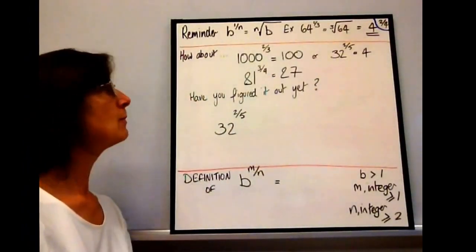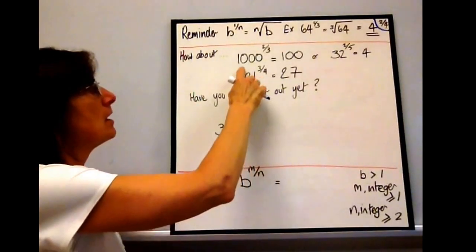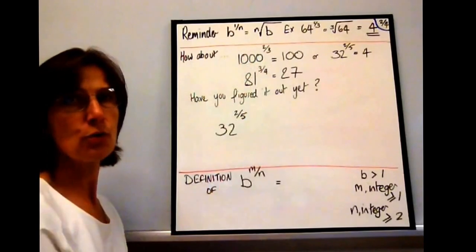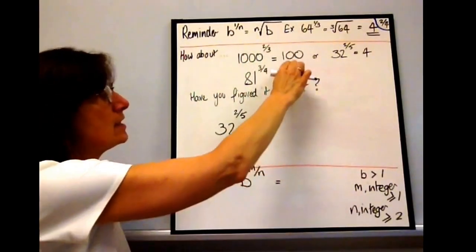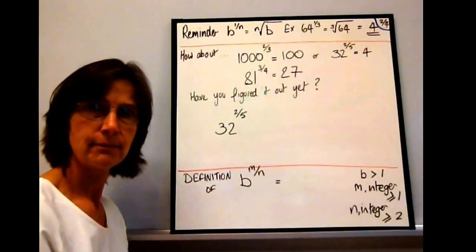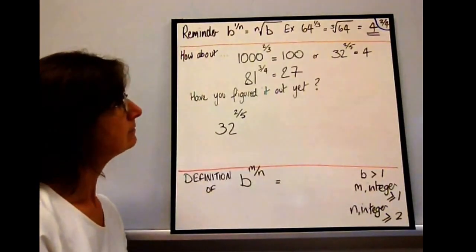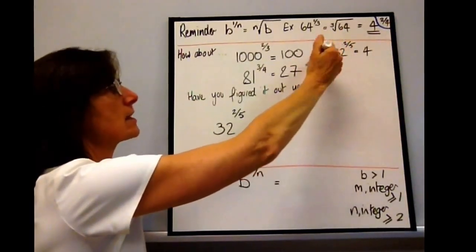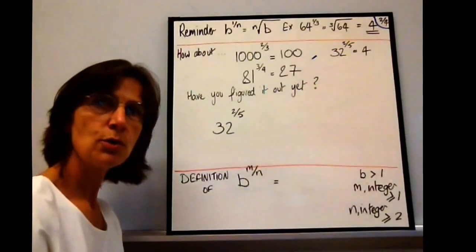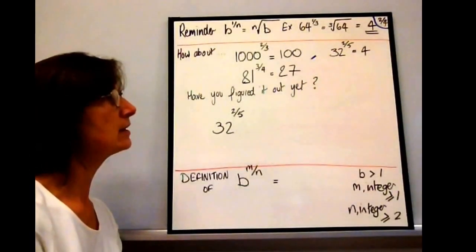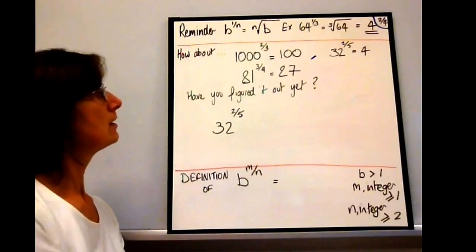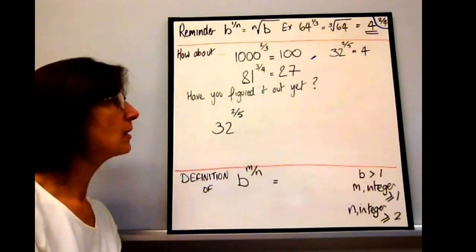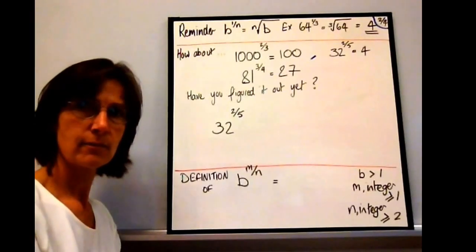So how about, this time, I'm telling you that 1,000 to the 2/3 power is equal to 100. What does that mean? I'm also telling you another example. 32 to the 2/5 power is 4. Another example. 81 to the 3/4 power is 27.